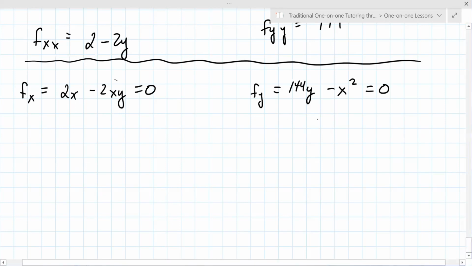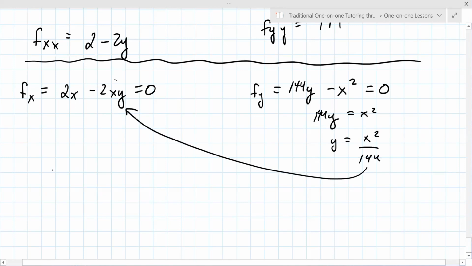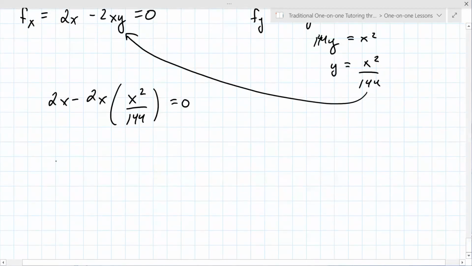So over here, though, we can set 144y equal to x squared, and y equals x squared over 144. And so we can substitute that in here. So we get 2x minus 2x times x squared over 144 equals 0. So you get 2x minus x cubed over 72 equals 0.